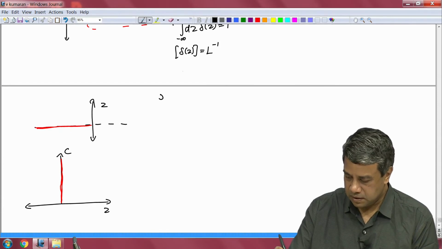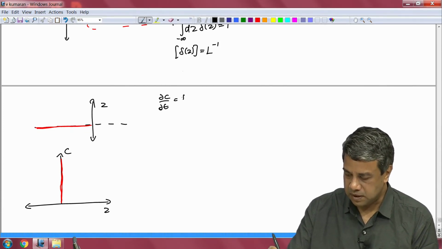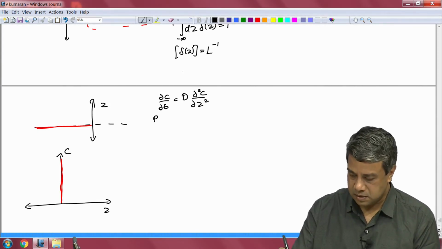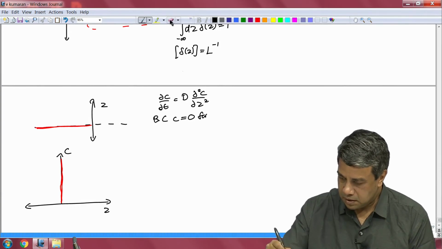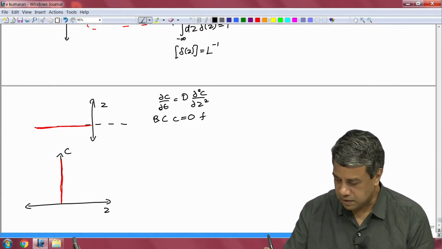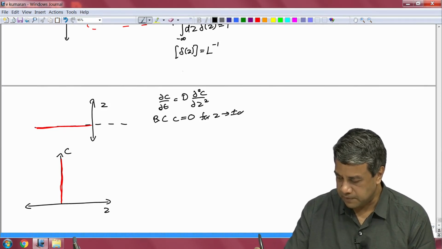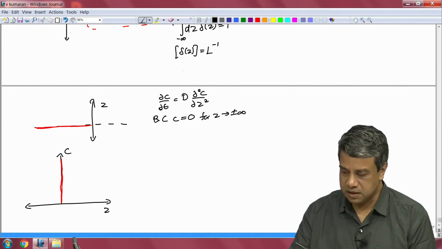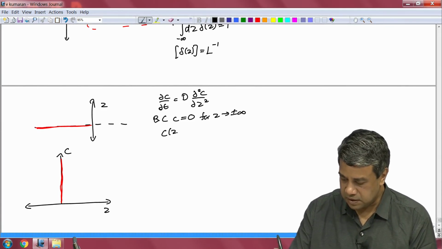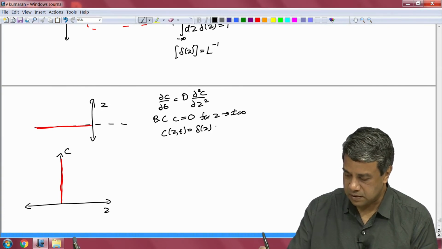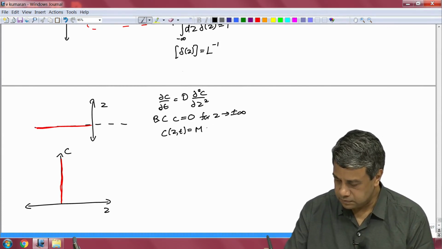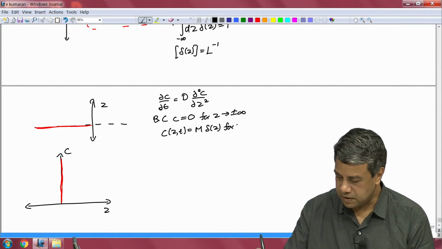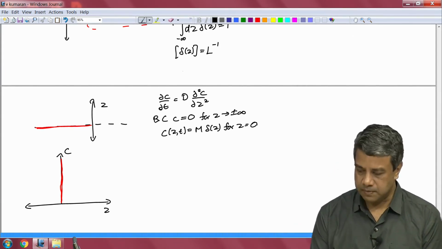The governing equation is partial c by partial t equal to D times d square c by dz square, with the boundary conditions c equal to 0 for z going to plus or minus infinity, since it is an infinite fluid, and the initial condition c of z, t equal to m times delta of z.